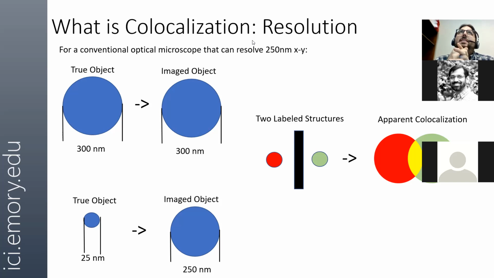It's circumstantial. You can localize a protein to a certain part of the cell and say this is where it goes, and you can say that relatively confidently.